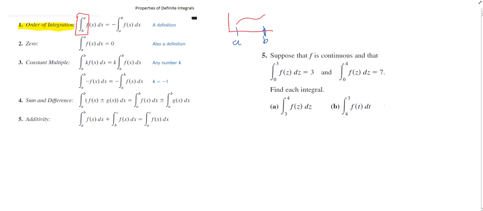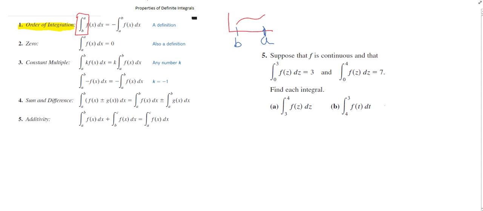If you integrate, actually I did that one backwards, didn't I? I don't like the way they define that, but let's correct that. B is the lower limit here, and A is the upper limit, according to this definition they gave us. If you integrate from B to A, it's the opposite of integrating from A to B.